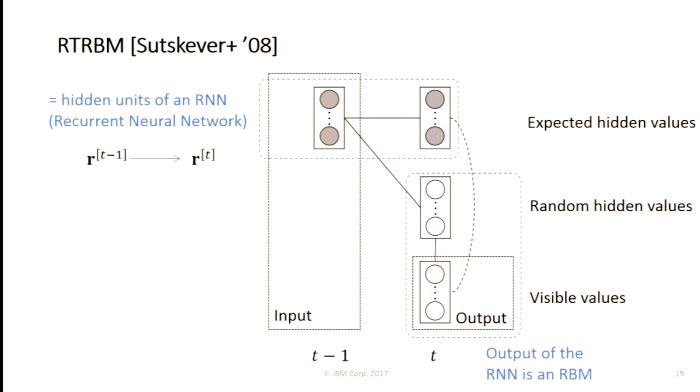This is deterministically updated using a sigmoid function, exactly the same as what we do with a recurrent neural network. So this part is just a recurrent neural network, but what it differs from a recurrent neural network is that the output is a restricted Boltzmann machine instead of just a real valued vector.